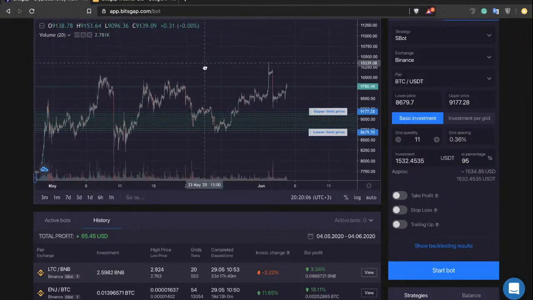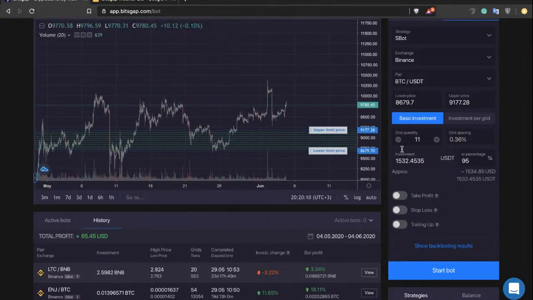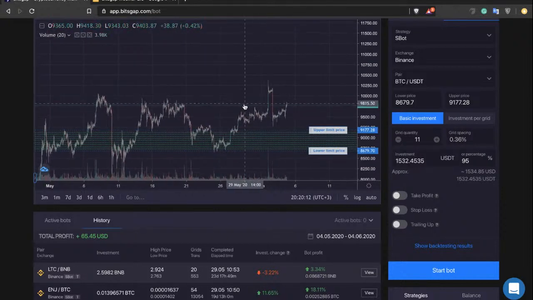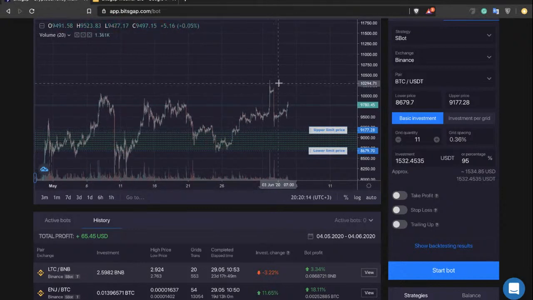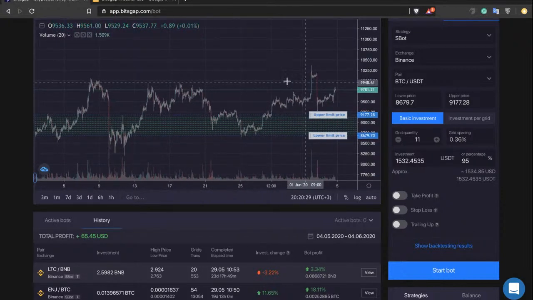The idea was that I would re-enter the market with a new configuration as soon as I saw that the price had finally breached the key resistance level of 10,000 and stayed there for a couple of days. That's something that hasn't occurred.